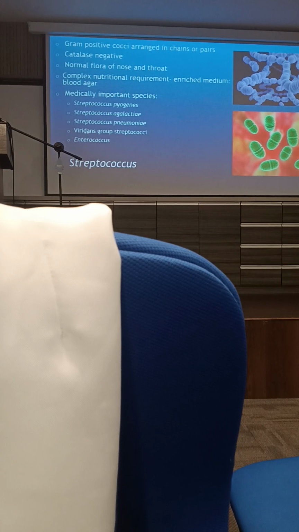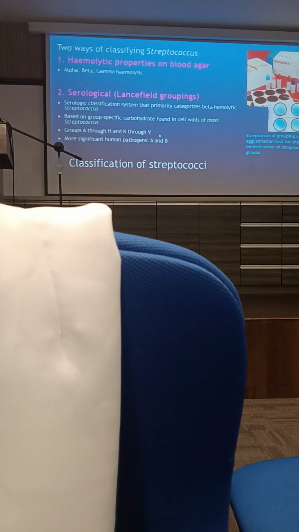And then Enterococcus. Enterococcus is a different genus, but it used to be called strep. Although it's a separate genus, we cluster them together because they are very related. There are two ways of classifying Streptococcus: by hemolytic properties on blood agar or by serological grouping.